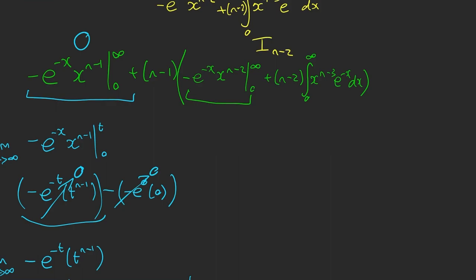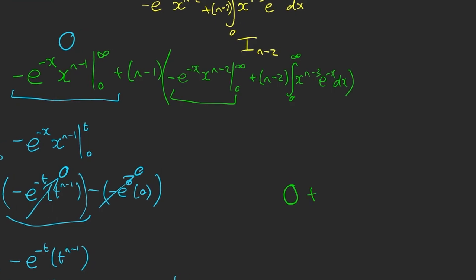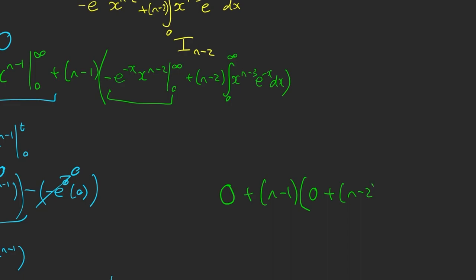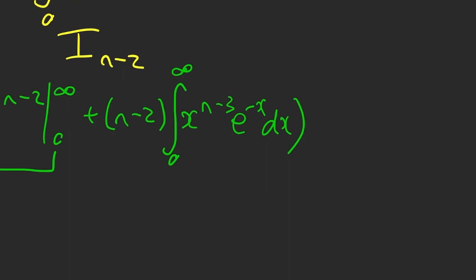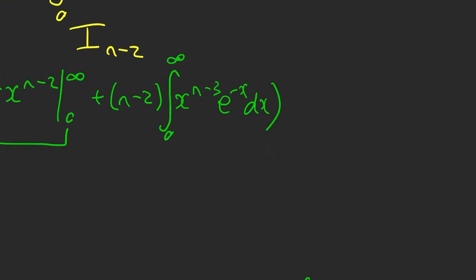Okay, so we are going to have this first term here being, of course, 0. I'm going to write it here. We're adding n minus 1 times this term right here, which we've said evaluates to 0, plus n minus 2 times, and then the pattern is going to keep increasing because all we're doing is the same integral over and over again, but the power of x is decreasing by 1 each time.